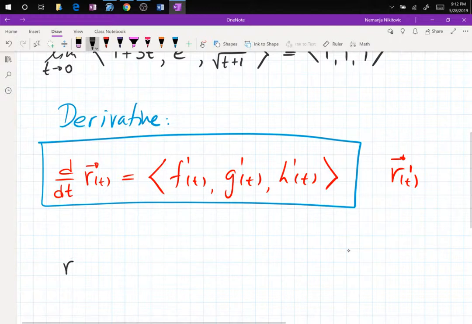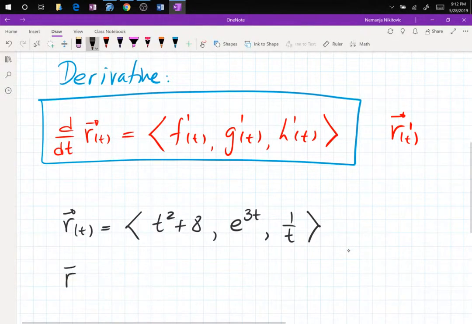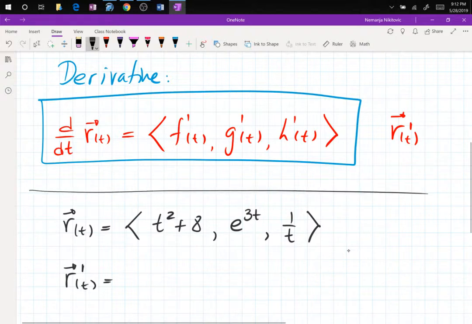So if I have r of t, say t squared plus 8, e to the 3t, and let's say 1 over t, the r prime of t, which is the derivative, would be 2t, 3e to the 3t, and negative 1 over t squared.